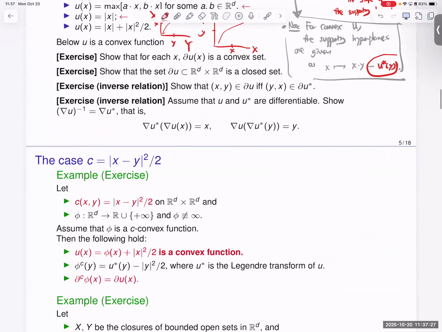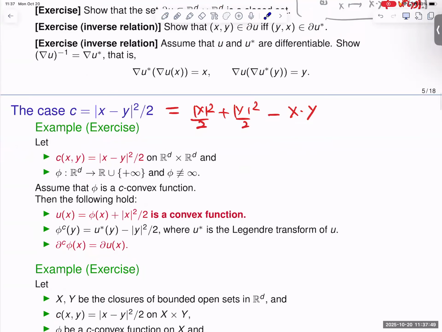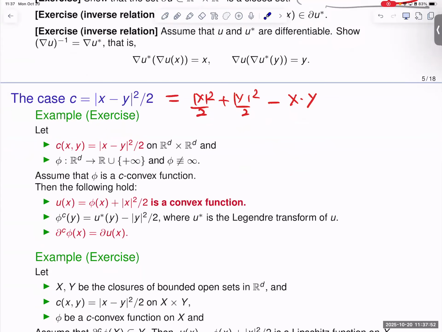If you look at this distance squared, it is x squared and y squared minus x dot y. So somehow this function is related to the dot product cost function. What is the precise relation between the c-subdifferential of a c-convex function for the squared distance cost function and the usual subdifferential of a convex function?